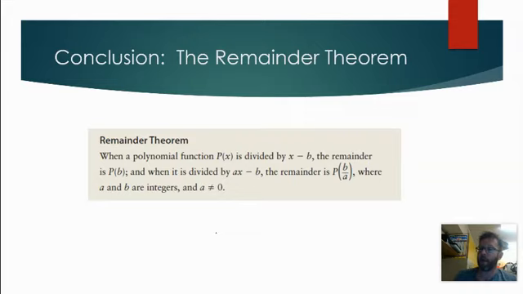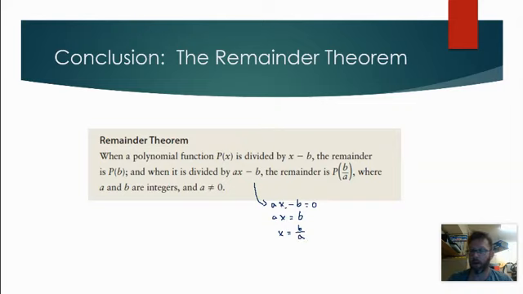When you divide by ax minus b, the remainder is the value of the function at b over a. And of course, where does that b over a come from? It comes from the root of this equation, which is x equals b over a.